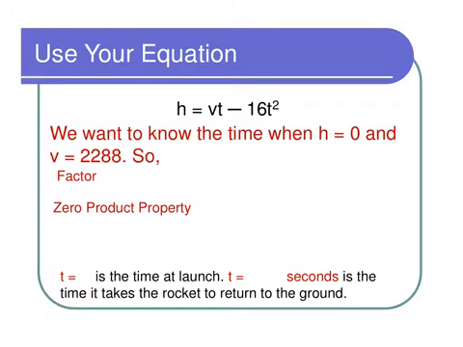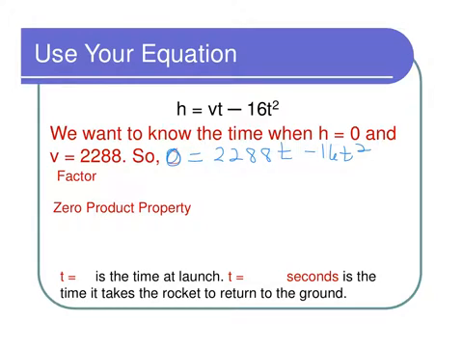Well, here's our equation, and we want to know the time when h equals 0 and v equals 2,288. So we plug in 0 for h, and let me use blue for that, 0 for h and 2,288 for v, and then we're going to factor.